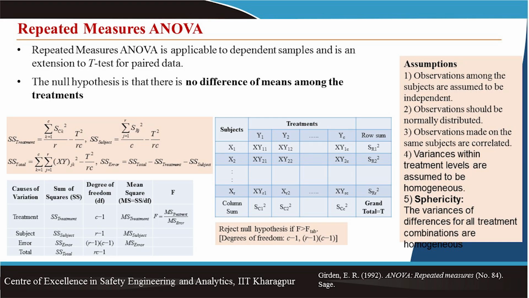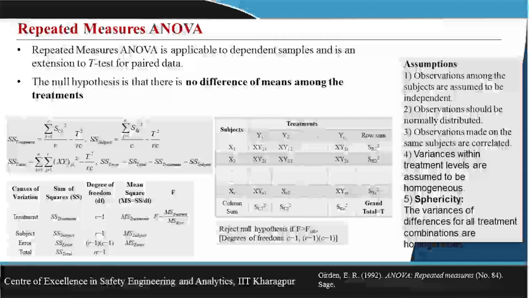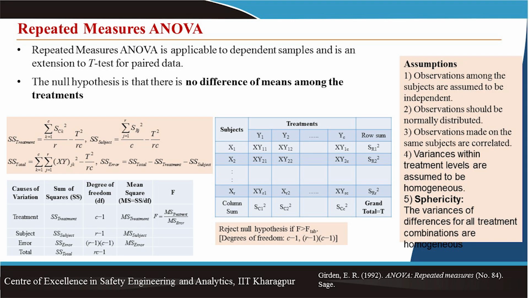Now, as the subjects bring variability and you need to block it, it is similar to the randomized complete block design, which is very popular in experimental design, particularly laboratory-based experiments, where you can block the variability by the subject. Other way I can say, the subjects or the rows can be treated as a block.